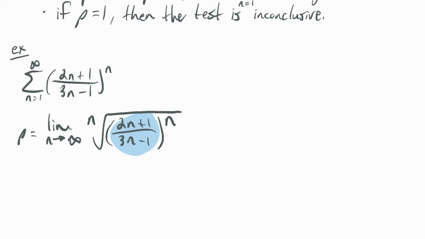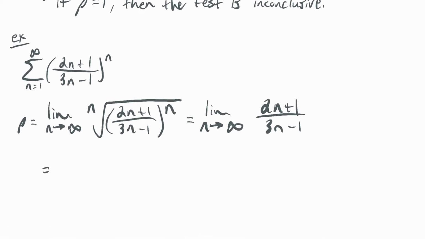So this equals the limit as n goes to infinity of (2n plus 1) over (3n minus 1). And of course, the plus 1 and minus 1 are too small to affect the result. So this is the limit as n goes to infinity of 2n over 3n. I get some cancellation, and so I get 2/3 as a result.